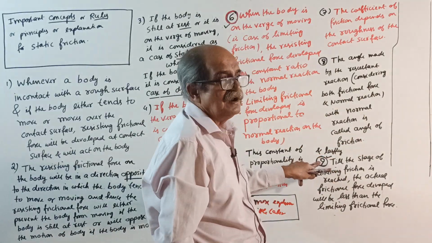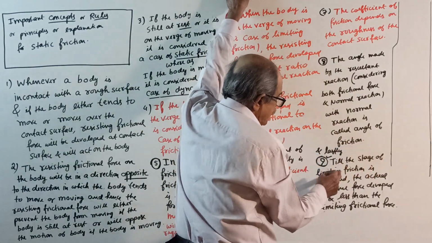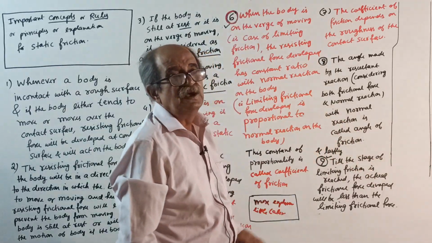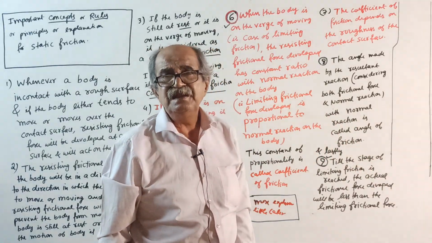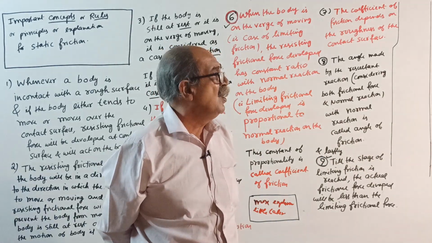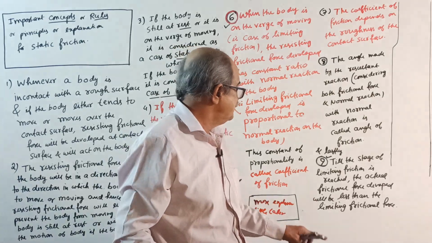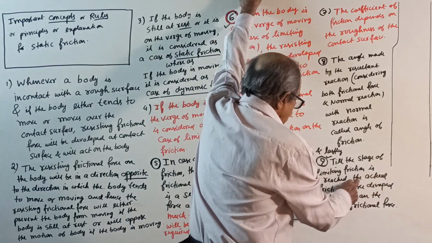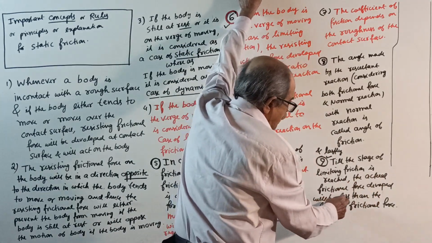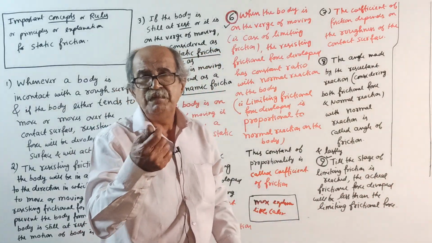Now ninth one, till the stage of limiting friction is reached, that is, till the body is on the verge of moving, not reached there, till that time the actual frictional force developed will be less than the limiting frictional force. Once again, money matter.